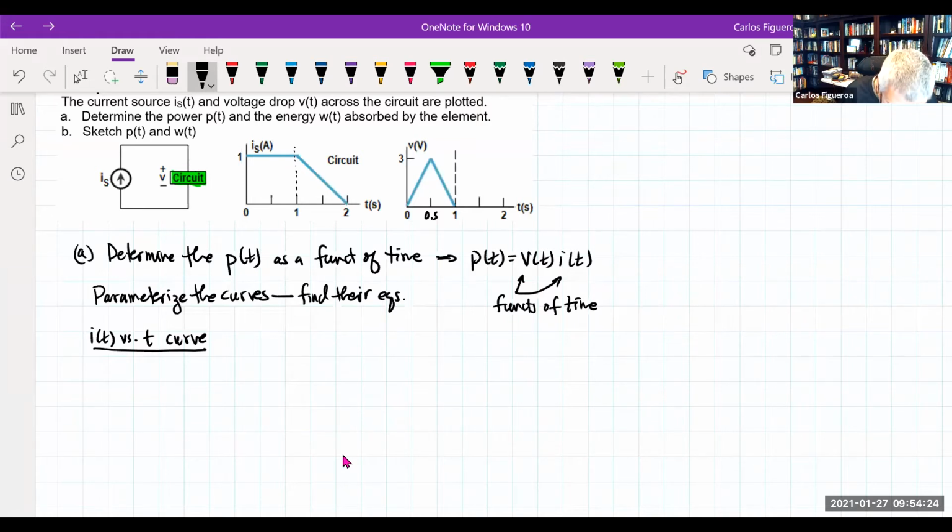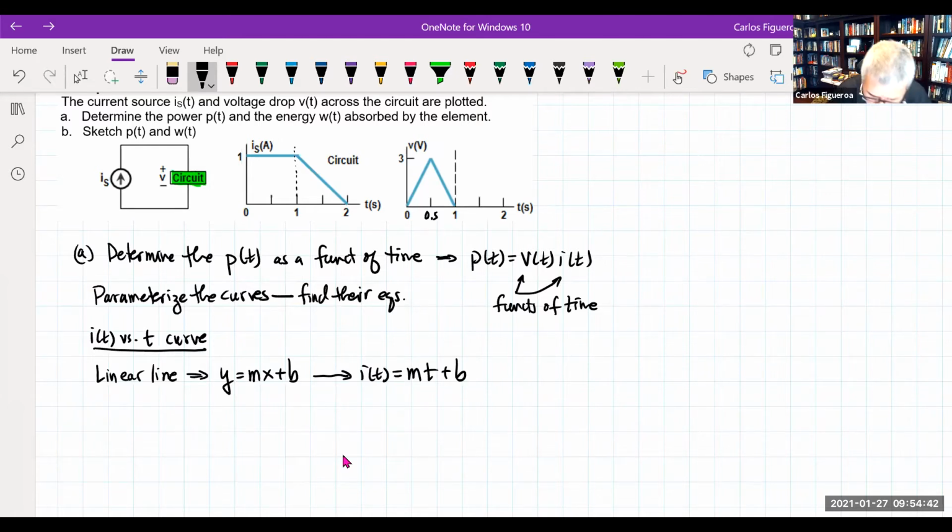So if I think about a linear line, we all know and love this linear line equation. Now if I translate this into our equation, I'm going to have some slope and some intercept that I got to pick up. If I look at this guy here, we can clearly see that the slope has to be -1, right? If I look at the slope for this curve, it should be what?